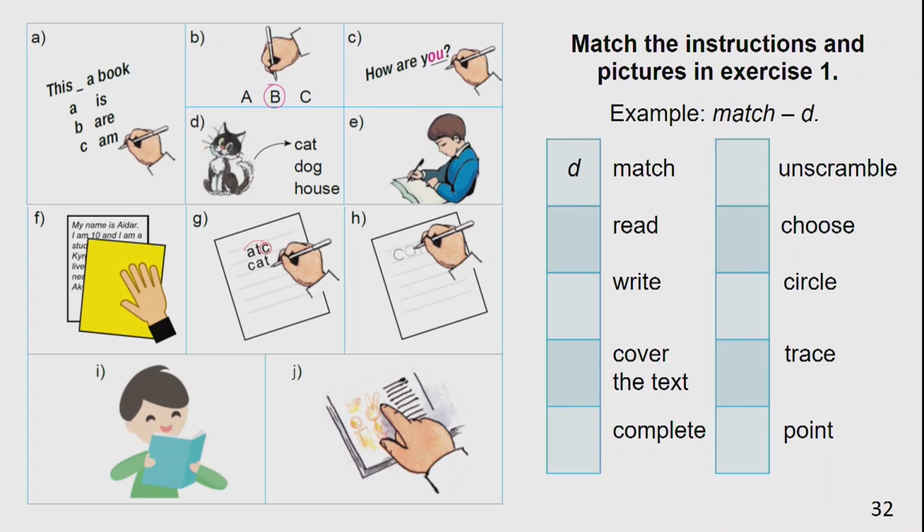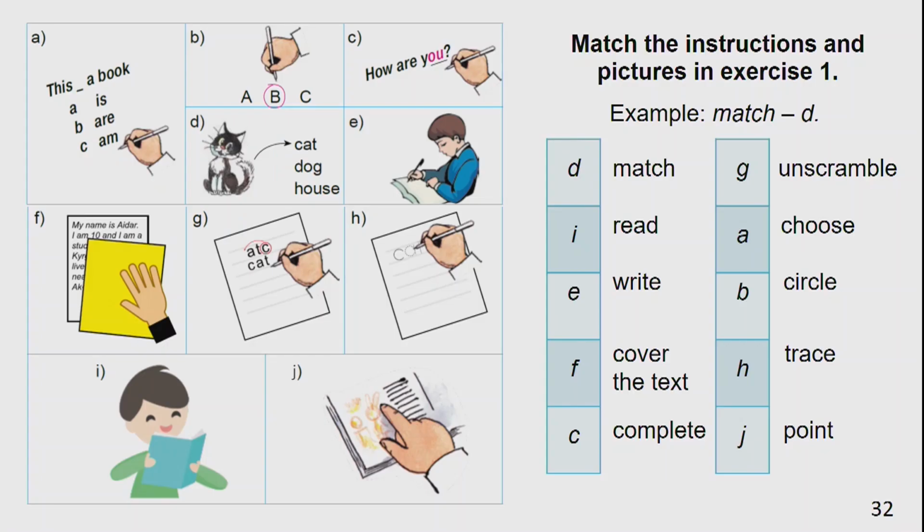Here is the list of instructions and there are 10 pictures. Do you still remember the words? Let's check that. Look at the pictures and match them with the instructions. Can you now check your ideas with your partners? Let's have a look at your answers.